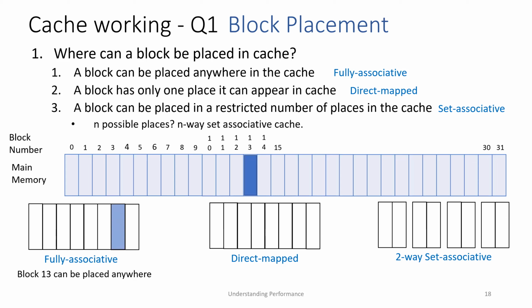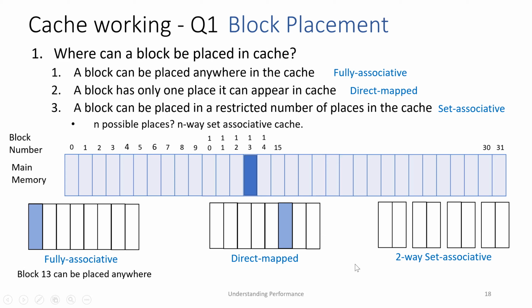Wherever we find free space, we can fill it in. It means it has 8 possible target locations, but in direct mapped, it has only one possible target. And how do we find it? It is 13 modulus 8, because there are 8 blocks of capacity. So it is the 5th location: 0, 1, 2, 3, 4, 5. Only in the 5th location can we place this block.